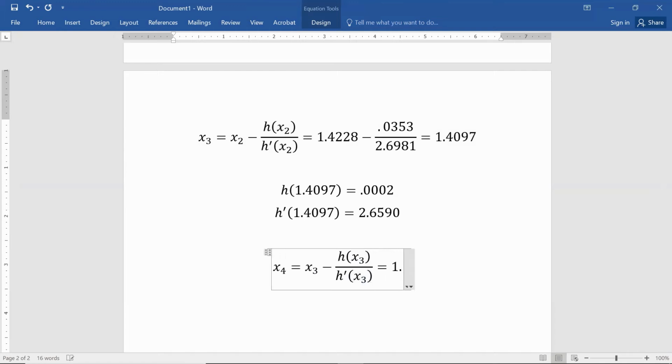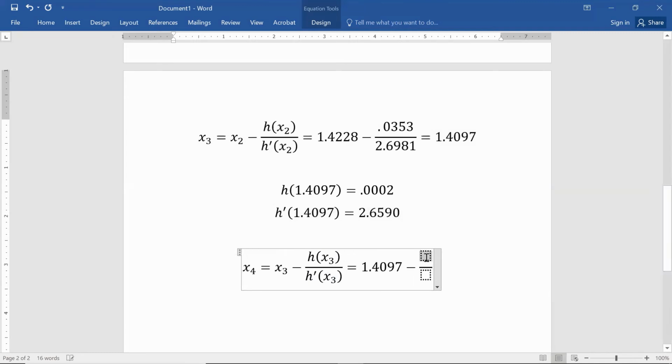We're going to start at 1.4097, and then we're going to adjust that by 0.0002 divided by 2.6590. And when you adjust something by that, it doesn't adjust by much.